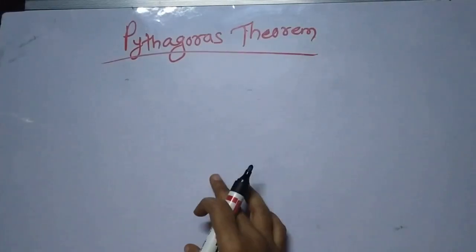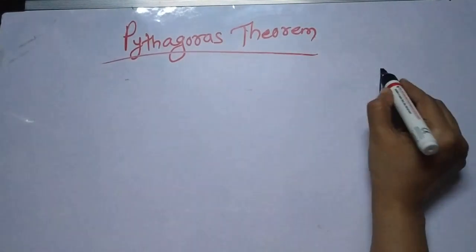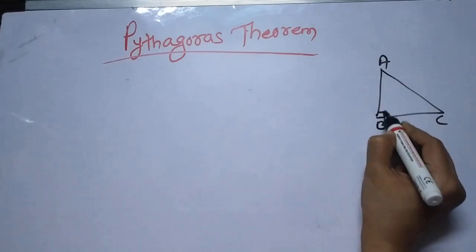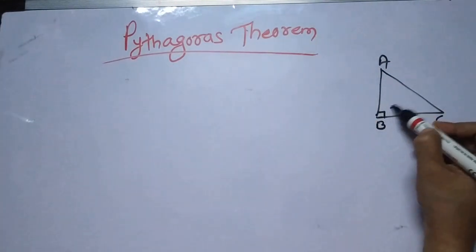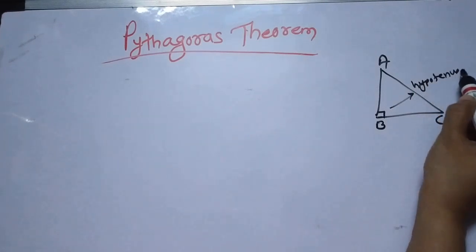So suppose this is the Pythagoras theorem. Suppose this is a triangle ABC, and the angle at B is 90 degrees. So the side opposite to it is the longest side, and it is called the hypotenuse.